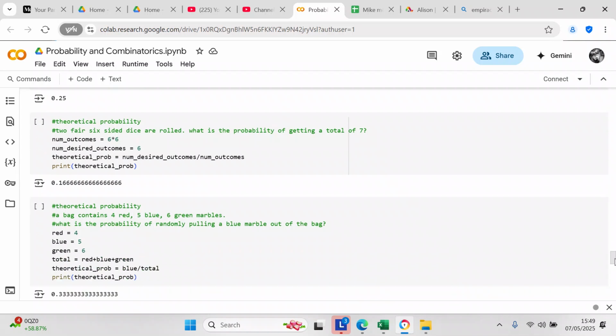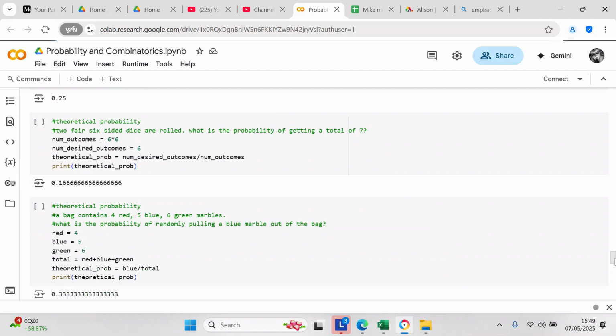The next question is, 2 fair 6-sided dice are rolled. What is the probability of getting a total of 7? So the number of outcomes is going to be 6 times 6, because you've got 2 6-sided dice.